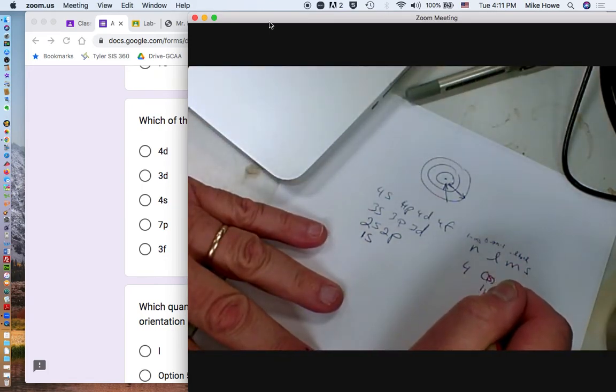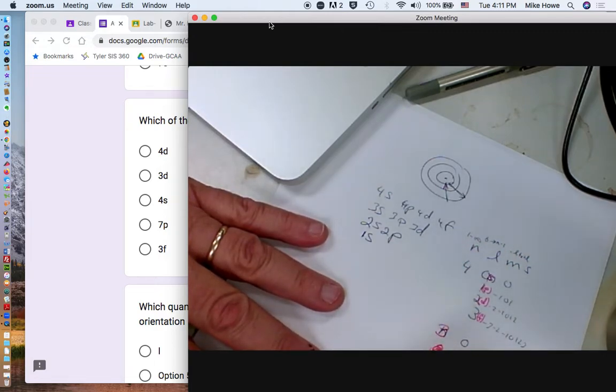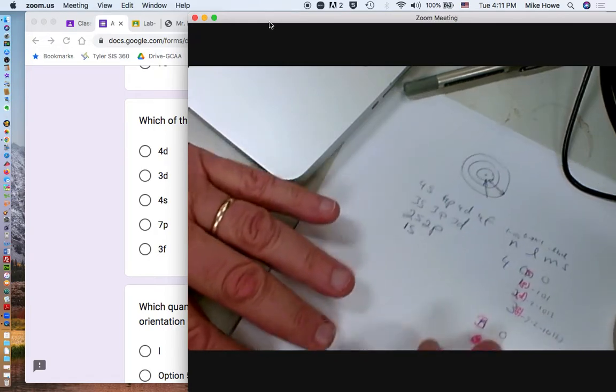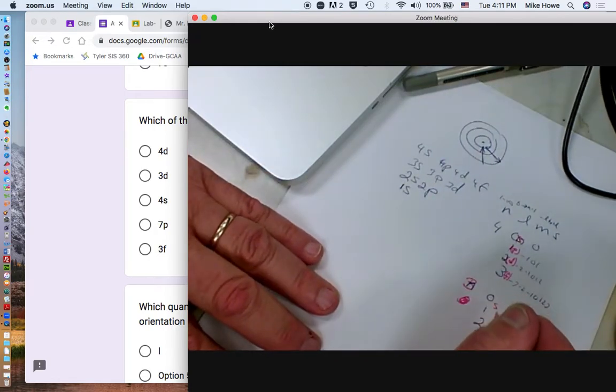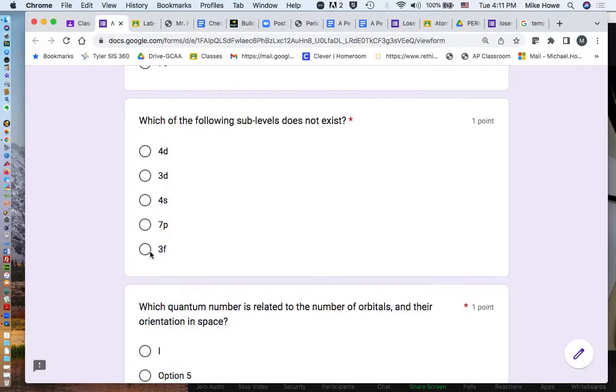When L equals 1, we call that a P sublevel. When L equals 2, we call it a D. When L equals 3, we call it an F. But if n equals 3, L can only equal 0, 1, or 2. So that means we've got S and P and D, but we don't have any F. So there's no such thing as a 3f. That's your answer right there.